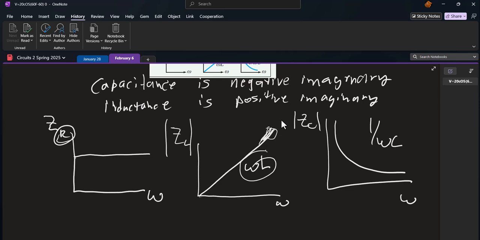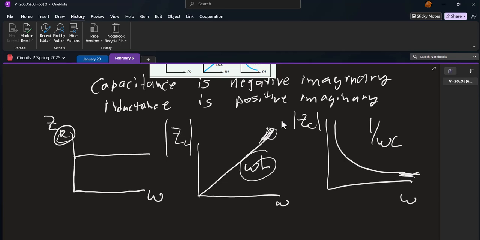Think of it as high resistance. So high frequency is high resistance. That'll put a break in it. So for high frequency, it'll act as an open circuit. But for a capacitor at high frequency, the impedance goes down to 0. So it doesn't block the current at all. So for high frequencies, it'll act as a short circuit.